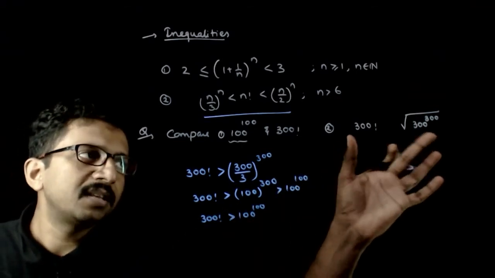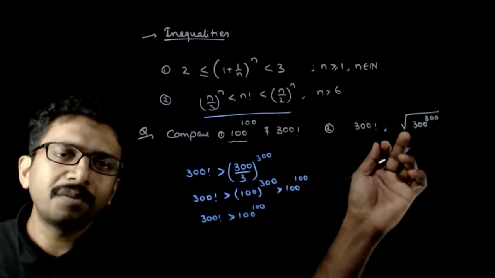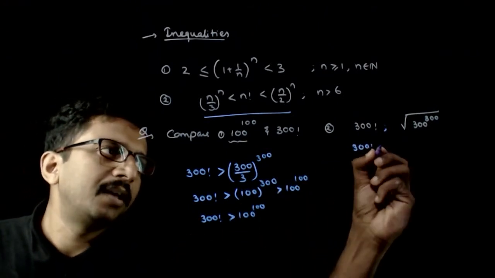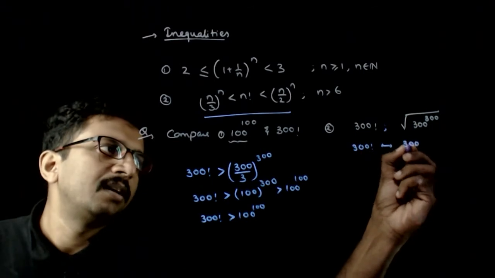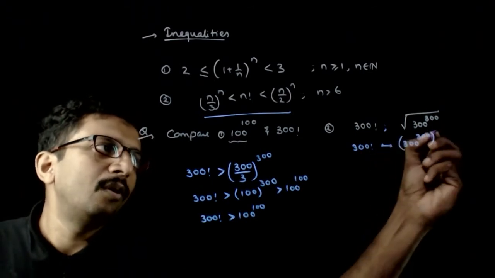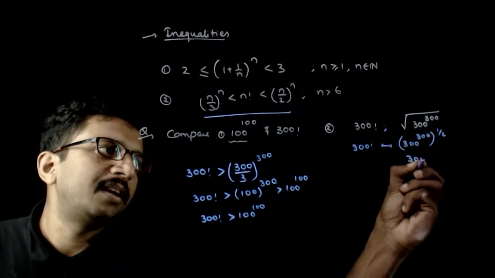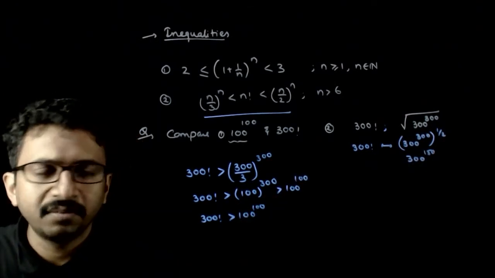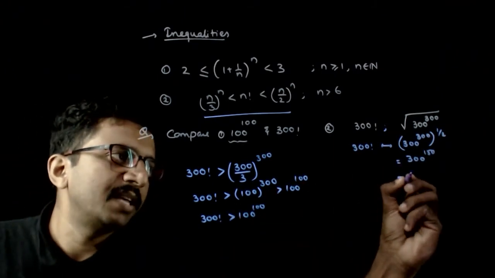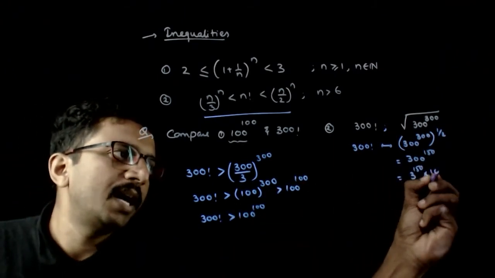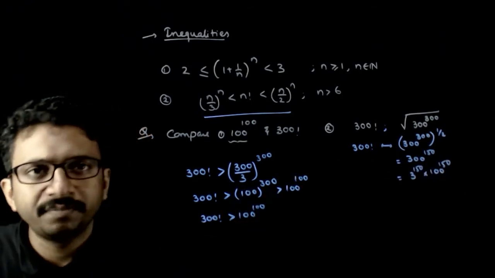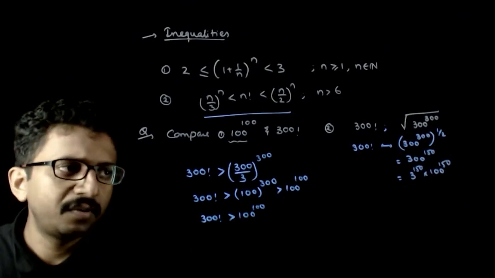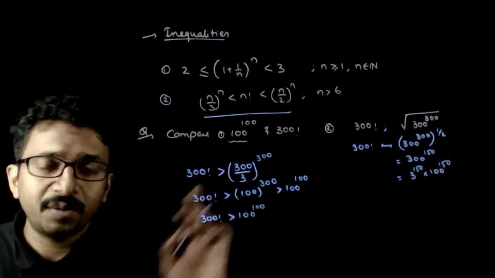So now let us compare 300 factorial with root of 300 power 300. So we have to compare 300 factorial with 300 power 300 whole power half, that is 300 power 150. So 300 power 150 is the same as 3 power 150 into 100 power 150. We have already seen that 300 factorial is greater than 100 power 300.